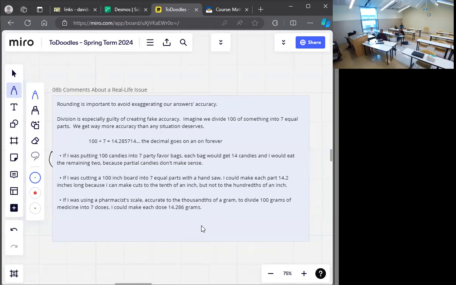I would say I have 100 candies and I'm trying to put them in 7 party favor bags. Maybe my kid has 6 friends coming for a party. Then I would put 14 in each. That's the 14 here. And then the rest, I would just eat those candies because I'm the grown-up and I don't want the kids to fight over parts of candy or make a mess.